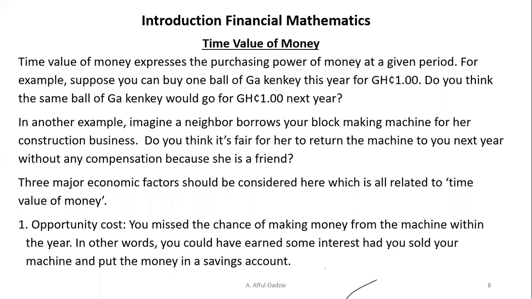So it tells you that money loses its value with time. What you can do with a certain sum of money today, over a certain period, you won't be able to do with the same amount of money. So if you have the opportunity of making money, it is now. Once time passes, you would have missed the opportunity, because that same value of money would not do the exact same thing you do today.